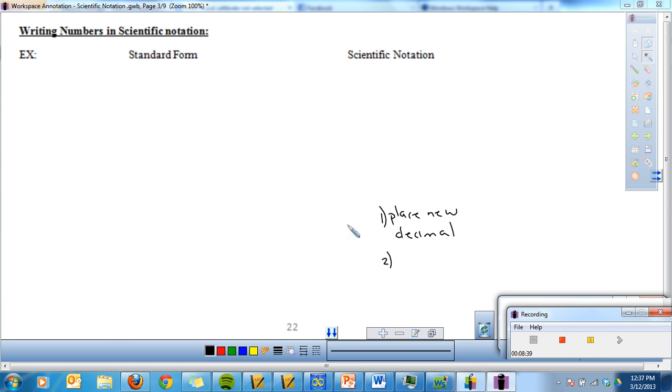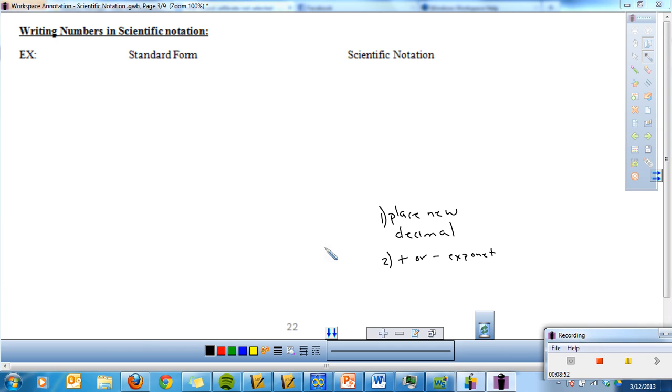The second thing you want to do is determine whether you're going to use a negative or a positive exponent. So positive or negative exponent. Which one is it going to be? Just so that you have an idea, a positive exponent is for big numbers, or when you move to the right.